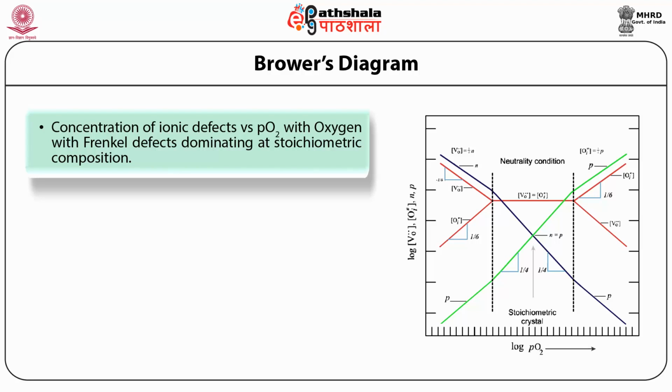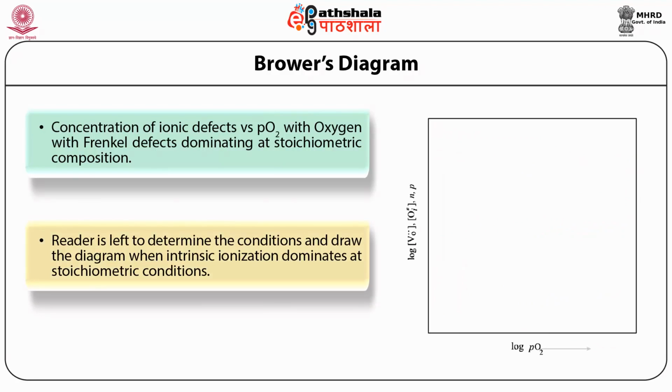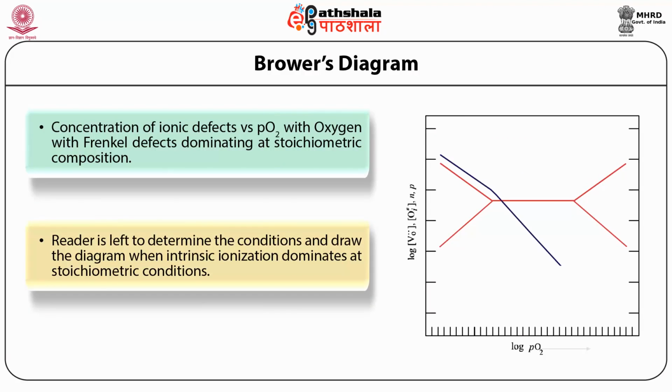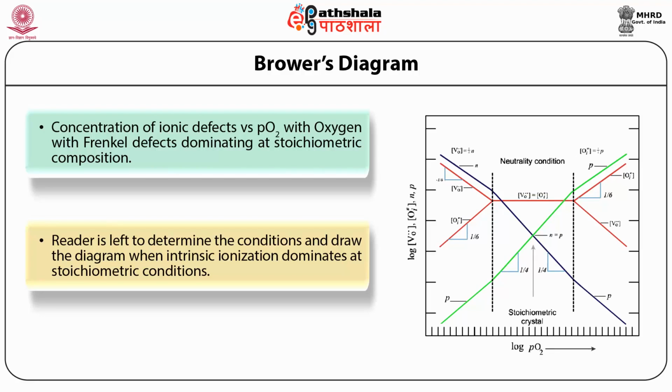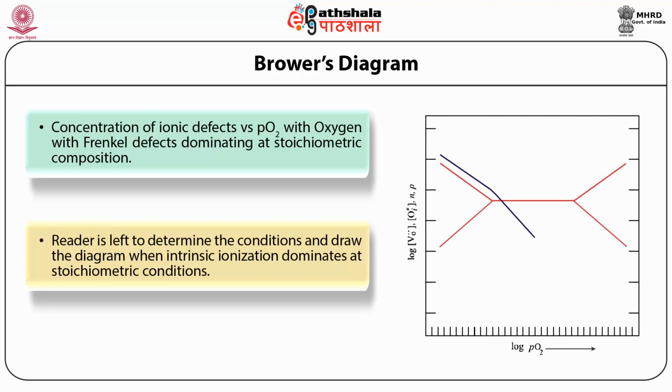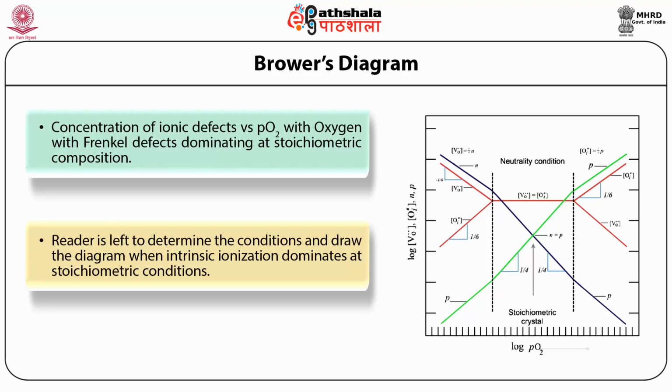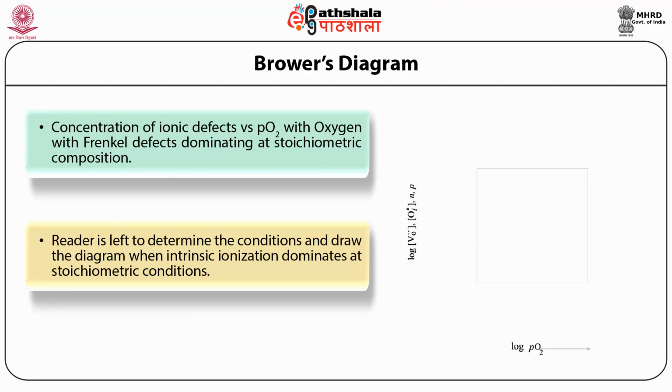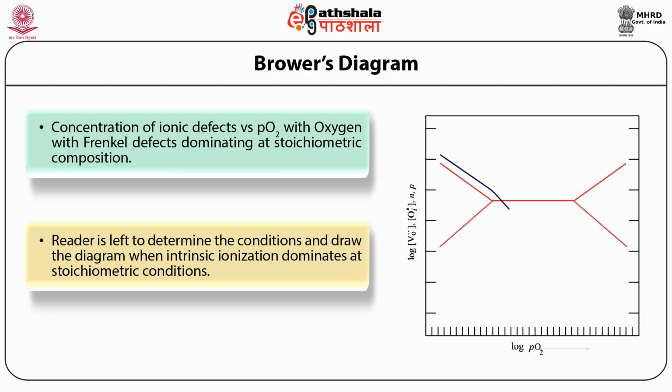Students, you can see on the left hand side of this slide, the diagram is obtained when Frenkel defects dominate, that is, internal disorder of the material dominates in the intermediate pressure range. The best way to draw the diagram is to first draw the central region, that is making V_O equal to O_i, and then extend the lines of V_O and O_i into lower and higher pressure regions with appropriate slopes depending upon the oxide stoichiometry.